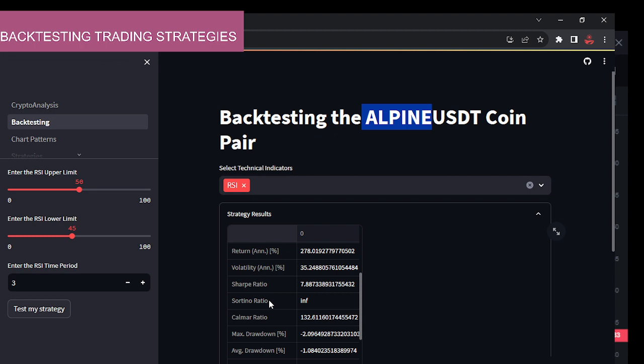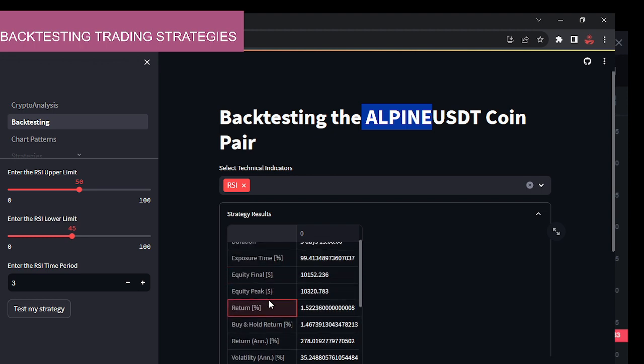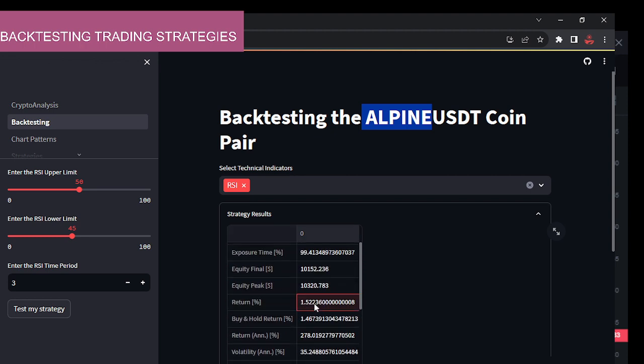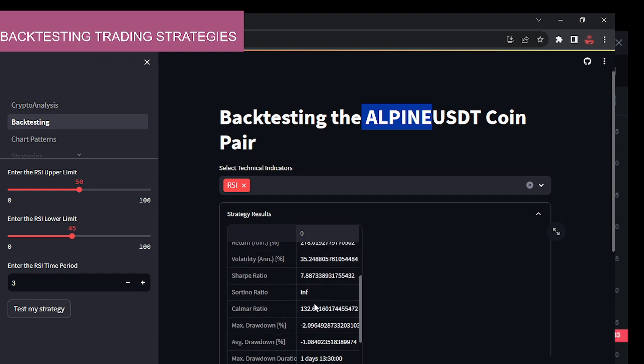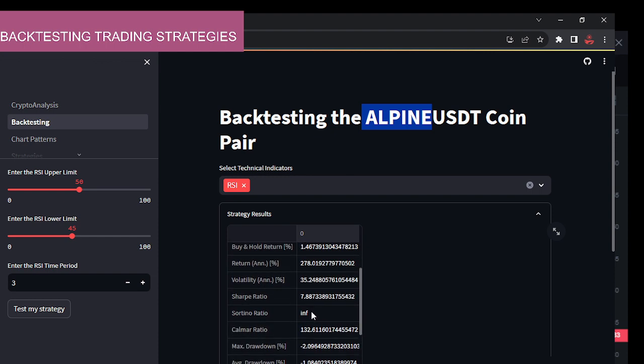The other part is the Sortino ratio. The Sortino ratio is the ratio between the return and the downside volatility. With the return that you got, you can compute the Sortino ratio. The Sortino ratio uses the downside volatility as compared to the Sharpe ratio, which uses both the upside volatility and the downside volatility.